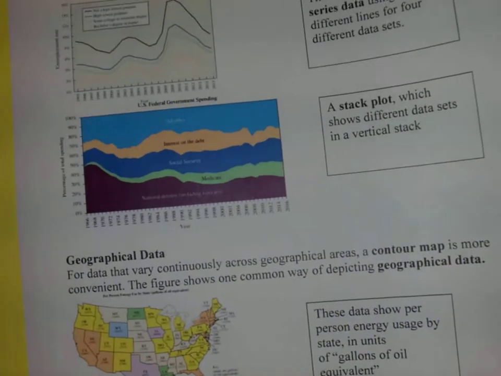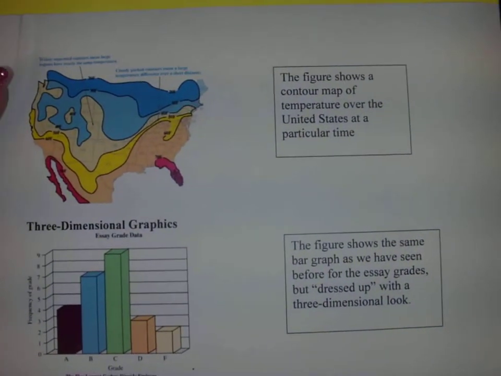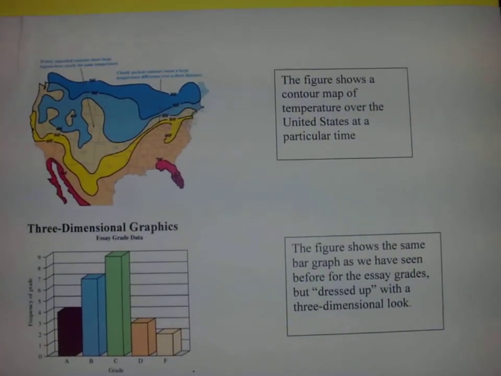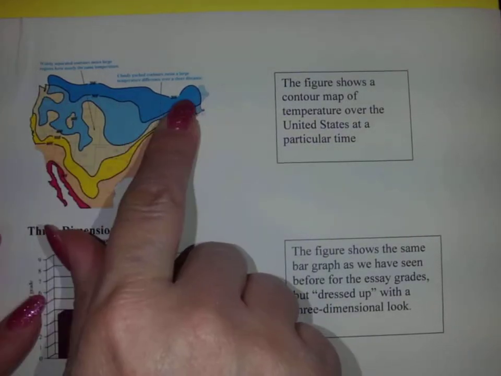So our next graph is a contour map of the temperature over the United States at a particular time. So it looks like this was probably not quite freezing winter, but it's got the cooler temperatures up here.